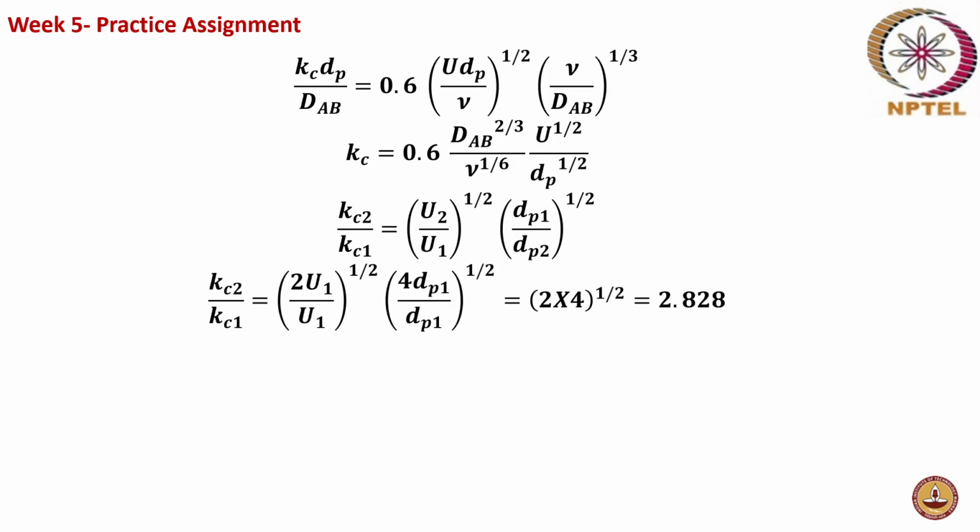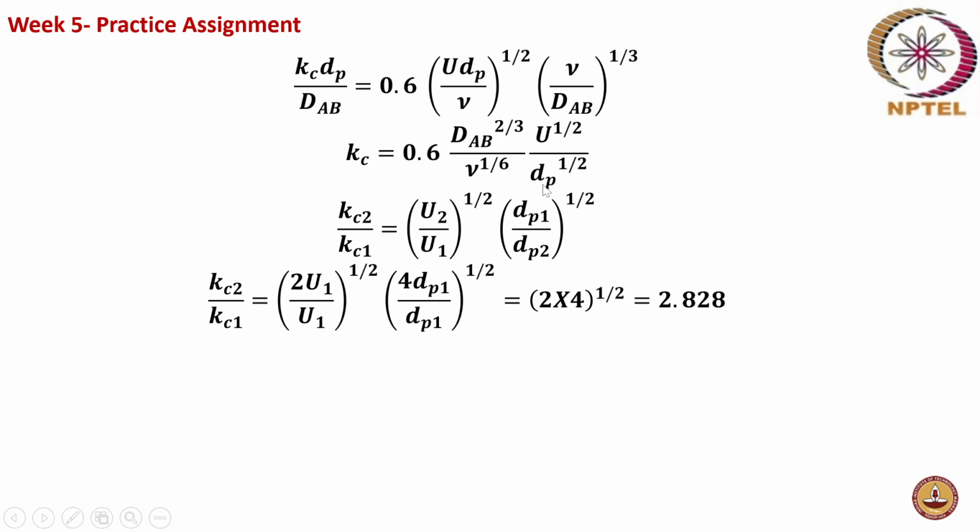So substituting dp2 and u2 in terms of the relation given, you have Kc2 by Kc1 is equal to 2 into u1 by u1 whole power half multiplied by 4 into dp1 by dp1 whole power half, because dp2 is nothing but 1/4 of dp1. So this dp2 is in the denominator, so dp1 by 1/4 of dp1, so this 4 goes to the numerator.